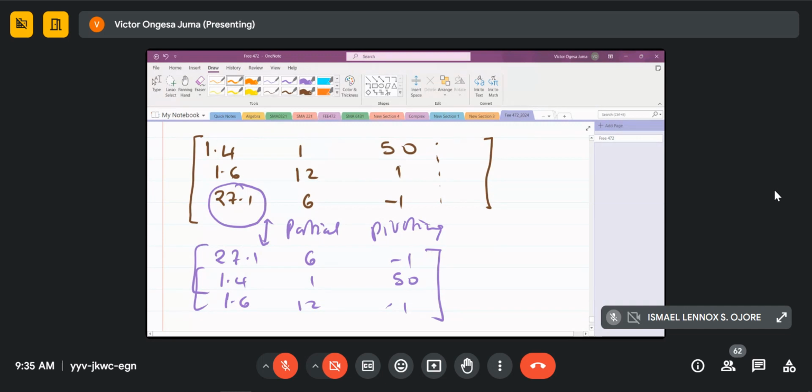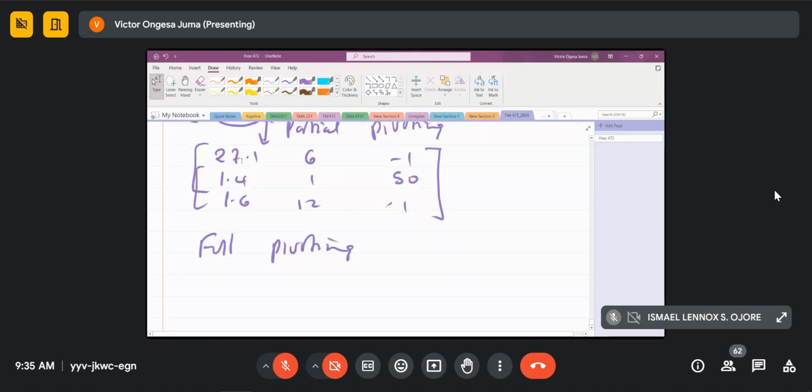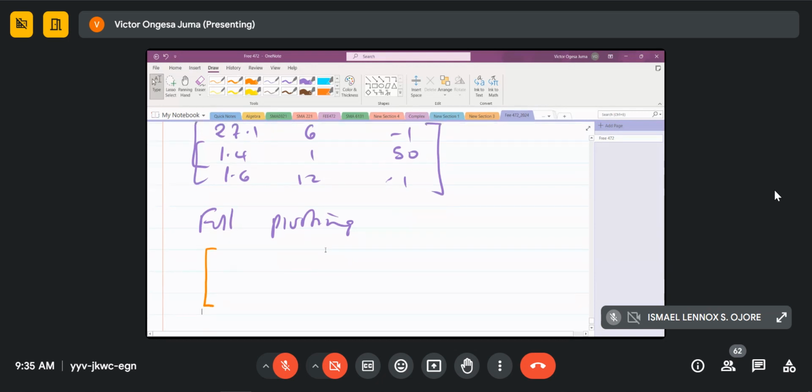So if I apply full pivoting, this becomes the largest. And so the question is, how do I bring this guy here? It is by interchanging column 1 and column 3. And then I'll have what? Let me just even ignore the first one. Let me just look at this.